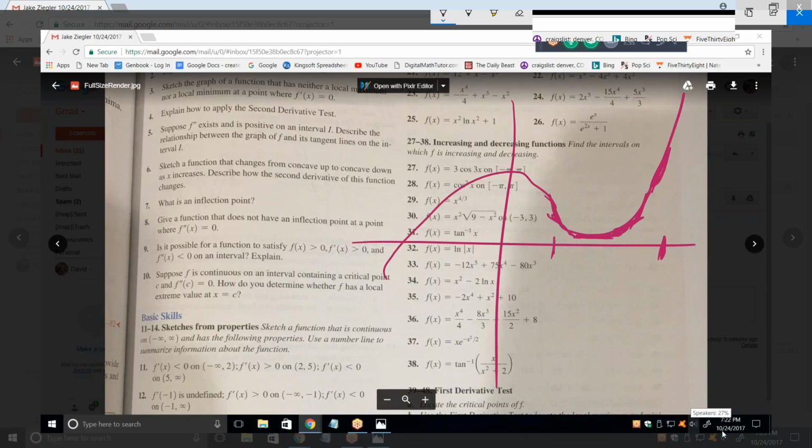Negative to positive? That's always concave up. If it's going positive to negative, it's concave down. So that's the answer to question number 5. If it's concave up, which means the second derivative is positive, then the tangent lines must go from negative to positive.